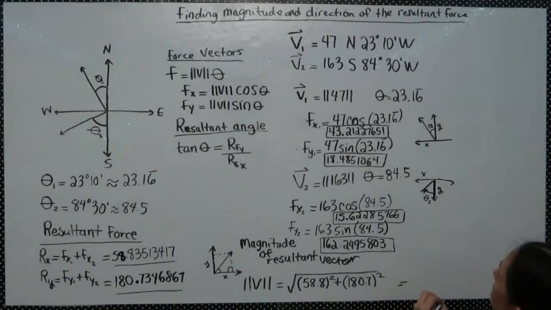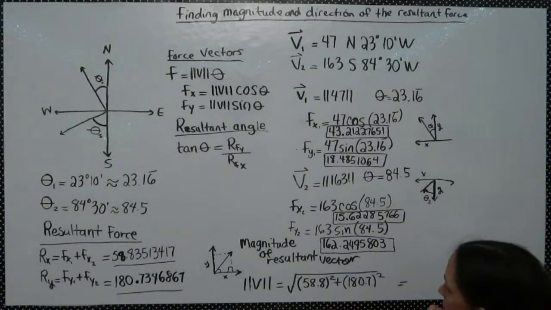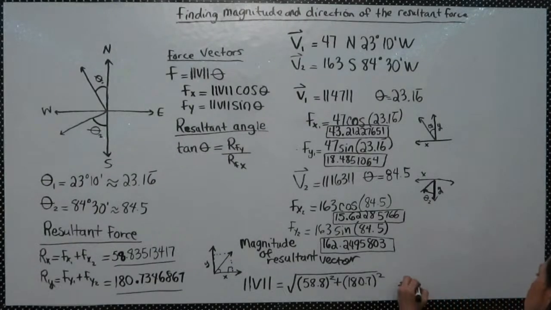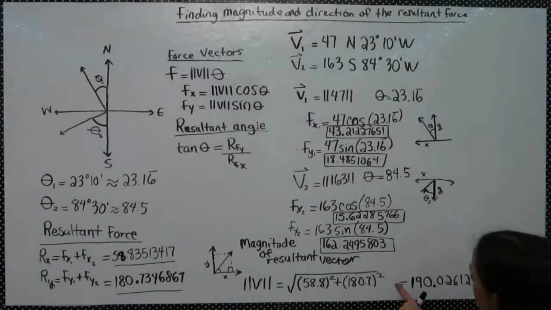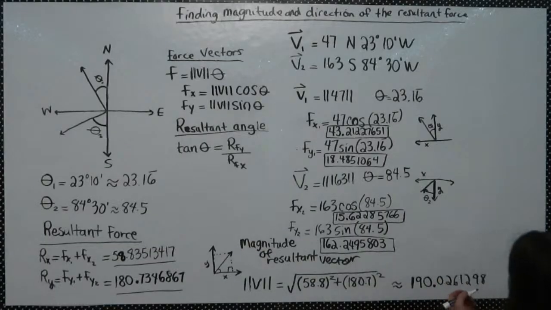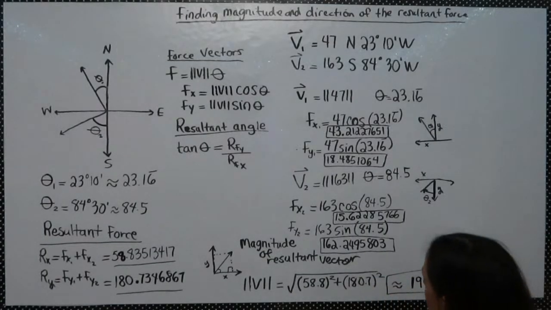And does it make sense? The magnitude of the resultant 190.0261298, using approximation there. We'll box that one. So apparently that's the magnitude.